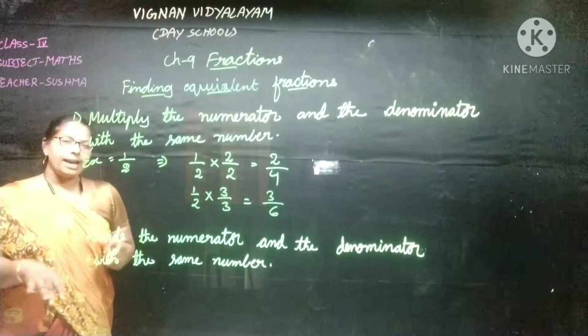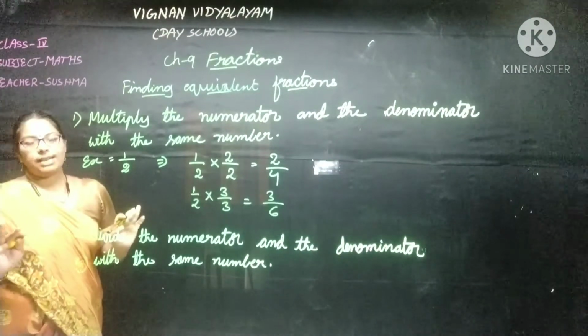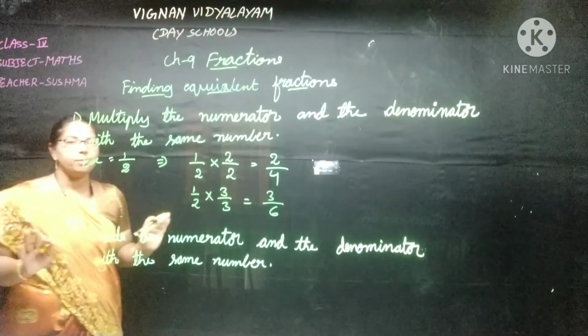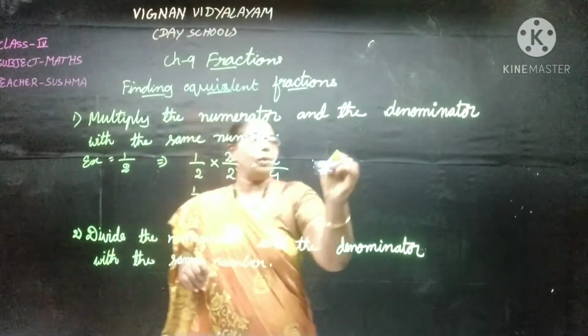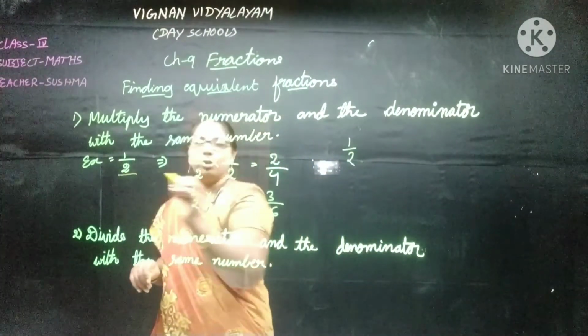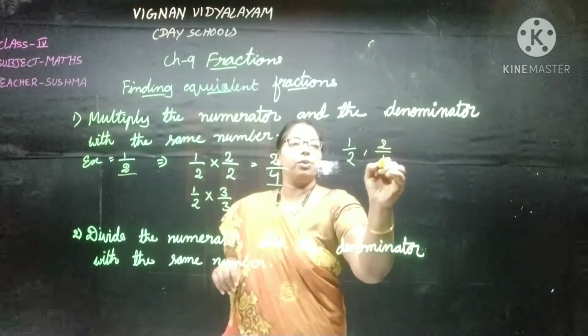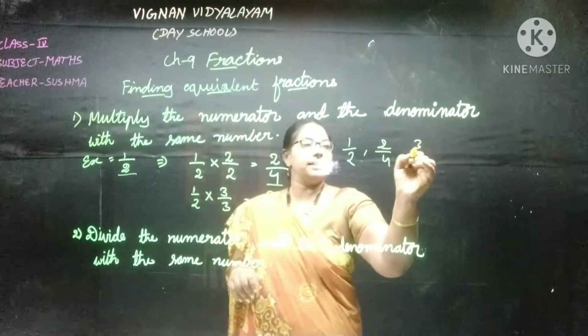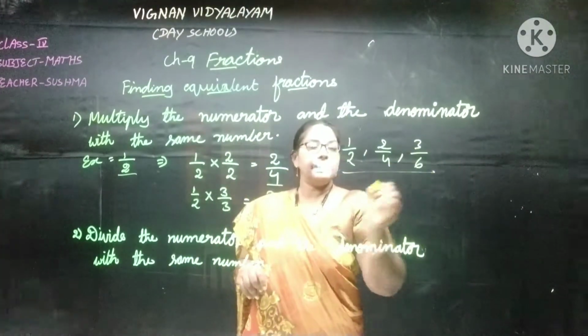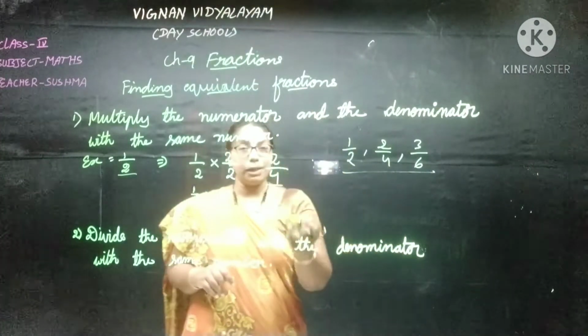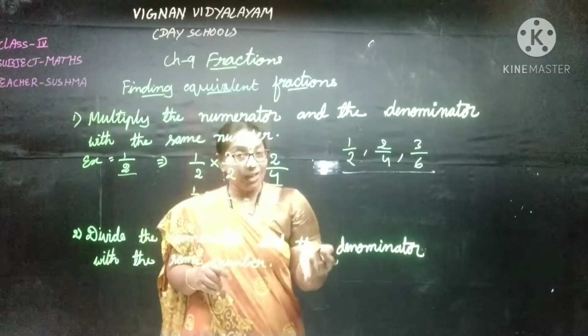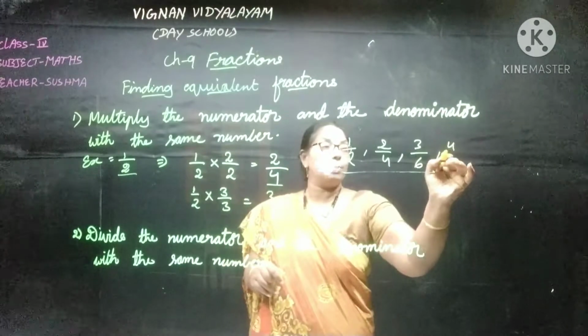So here we can find any number of equivalent fractions for a number. So 1 by 2, 2 by 4, 3 by 6 are equivalent fractions. If you multiply 1 by 2 with 4 by 4, you will get one more equivalent fraction, that is 4 by 8.